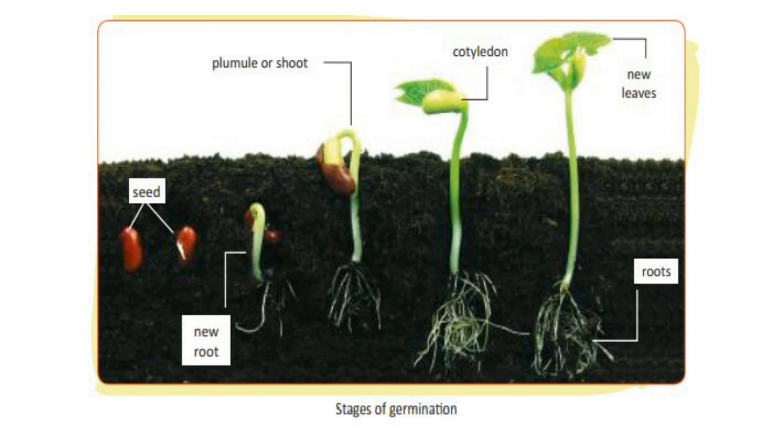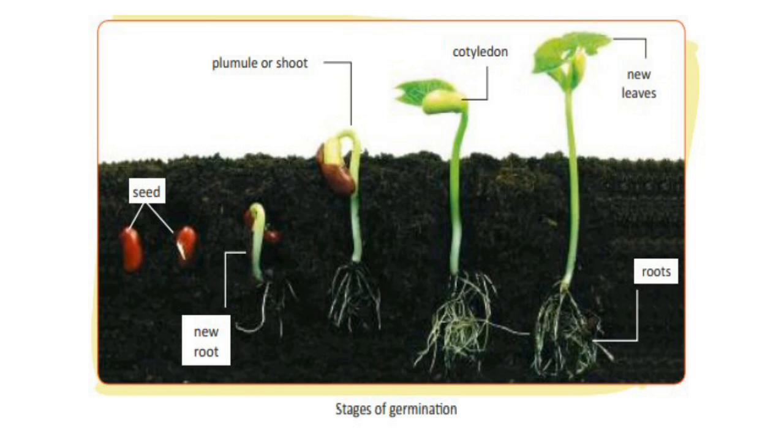So now we have to see in this picture there are many stages of germination of a seed. One picture is showing that the seed is buried inside the soil. Another stage is showing that a new plant has grown and its downward part has developed into root. In the third picture, the plumule or shoot is growing upward.